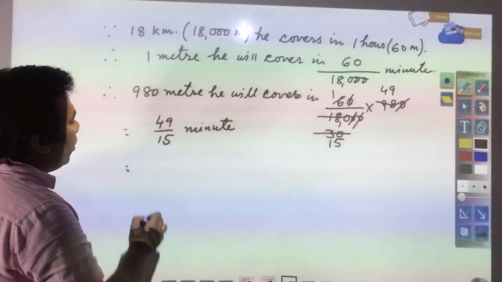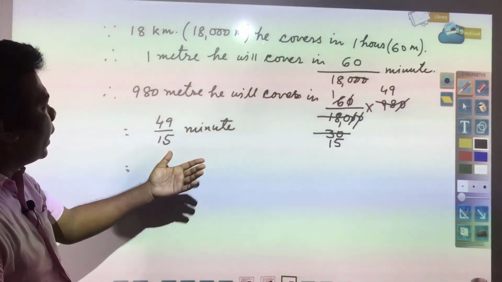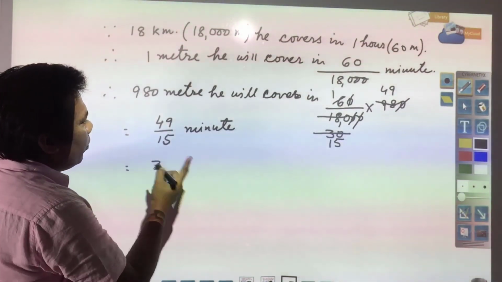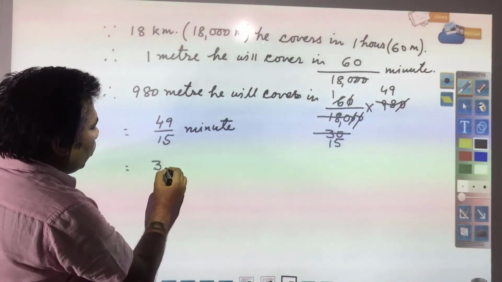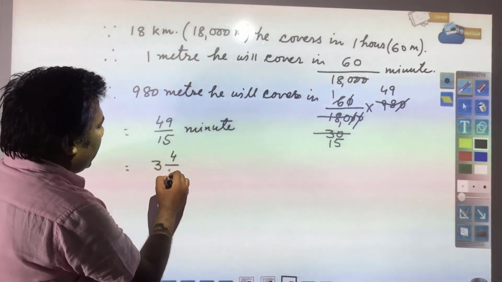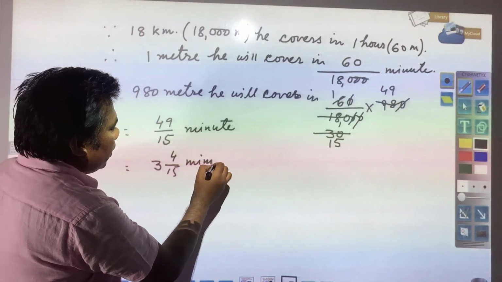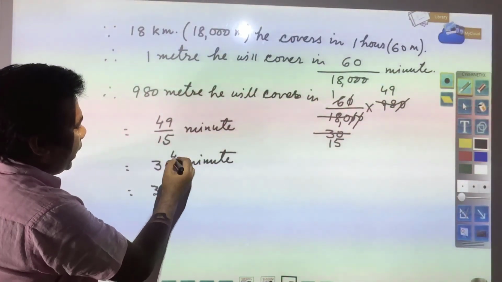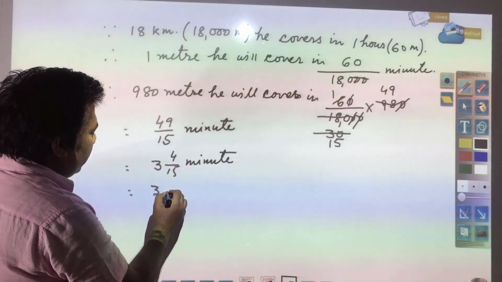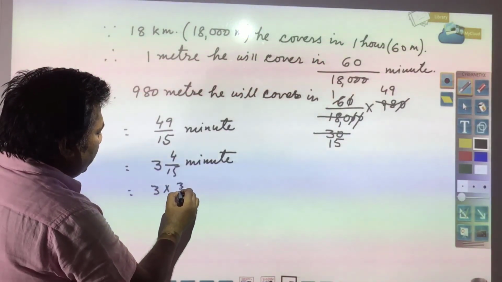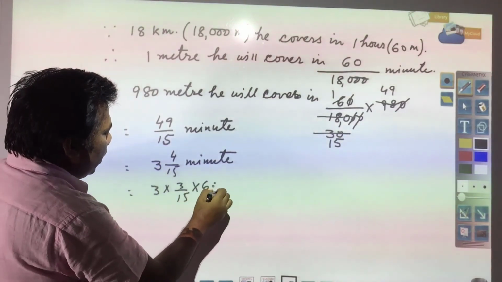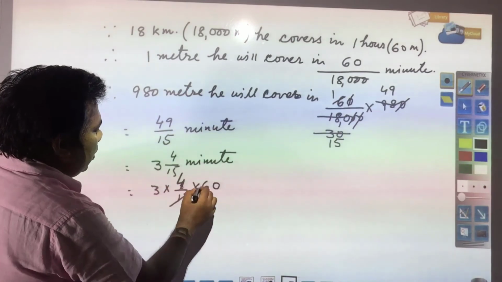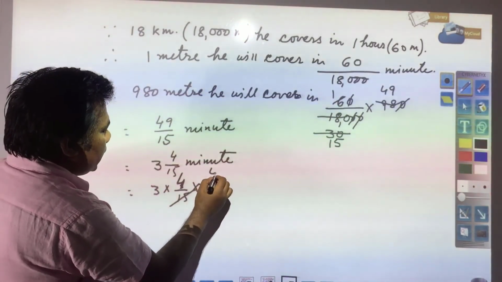Or if you are converting this into second, what you will get? 15 3 is 45. So 3 whole 4 by 15 minute we can write. And again, if you are further changing this into second, you will be having 4 by 15 into 60, 15 4 is 60.